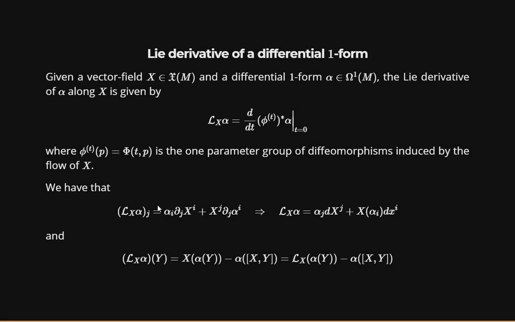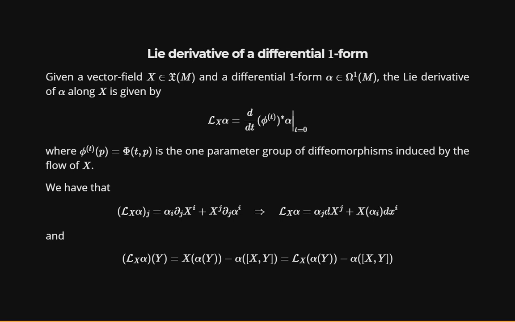If you combine this with the basis for the cotangent space, or with a coframe, if you are working globally, you can write that the Lie derivative of alpha along x is alpha j times the differential form given by the differential of xj, which is the jth component of x with respect to the local frame.